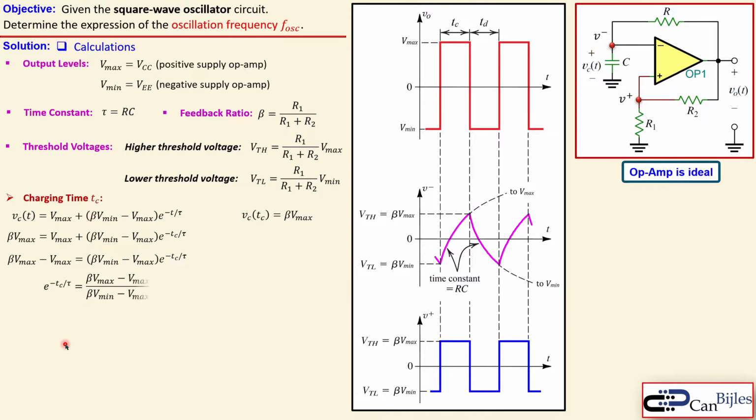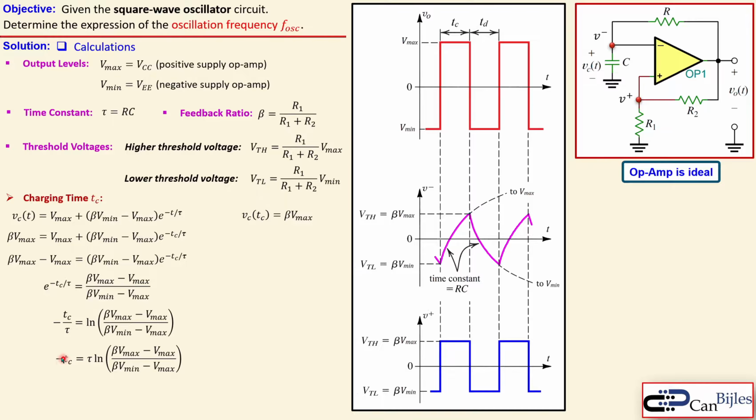Now you have e to the power minus Tc over tau equal to this ratio. Now we can take the inverse of this exponential, so minus Tc over tau will be ln of this ratio. Now we can multiply the left and right hand side by tau. So we go step by step to our charging time expression. And now we have here the minus Tc.